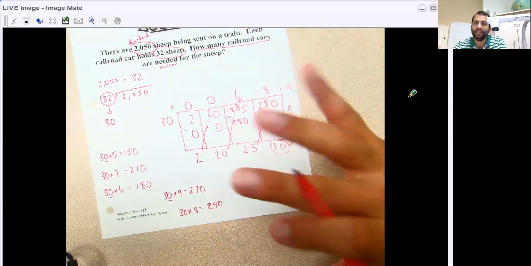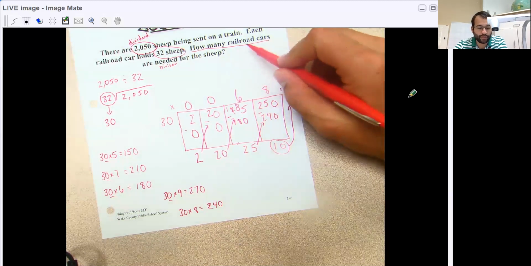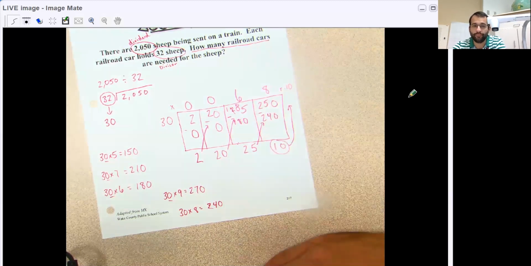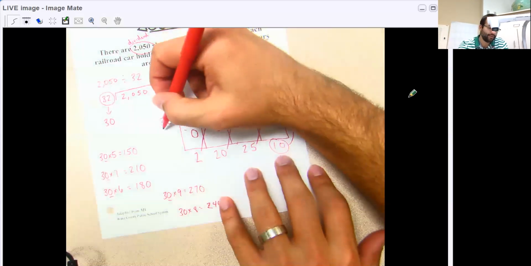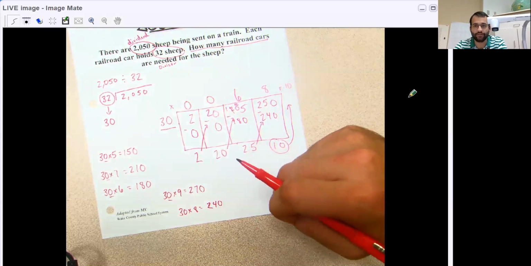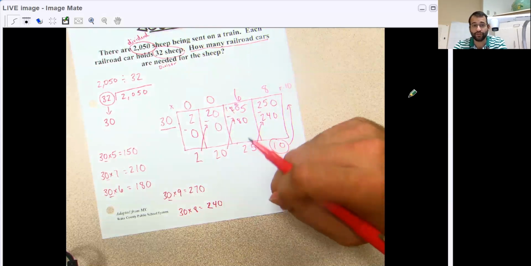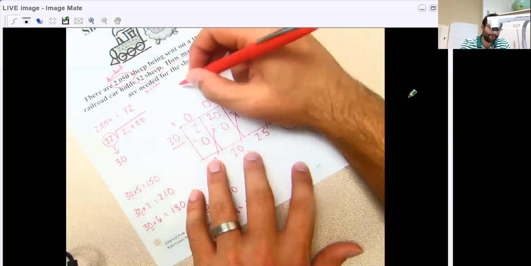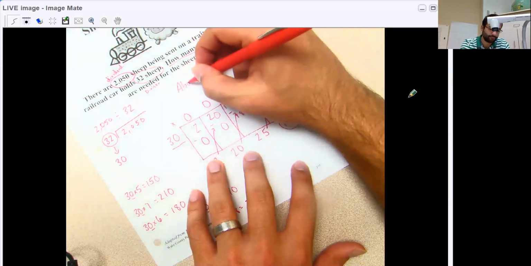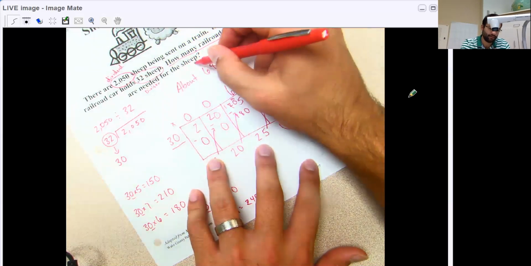Now, here's what this tells me. How many railroad cars are needed for the sheep? Guys, I rounded my numbers, so I don't know if this is an exact answer. It's not an exact answer, okay? So my answer is about 68.